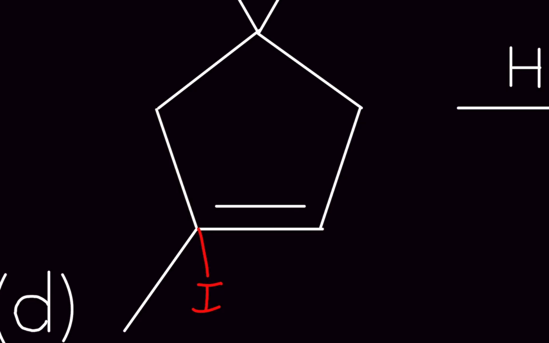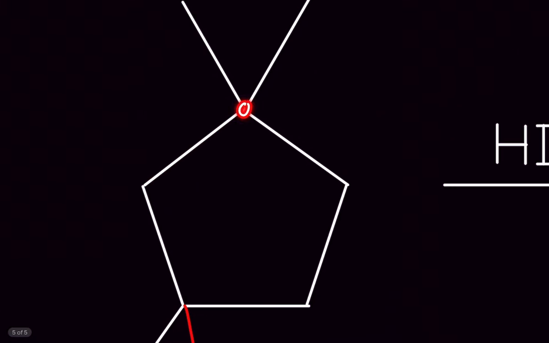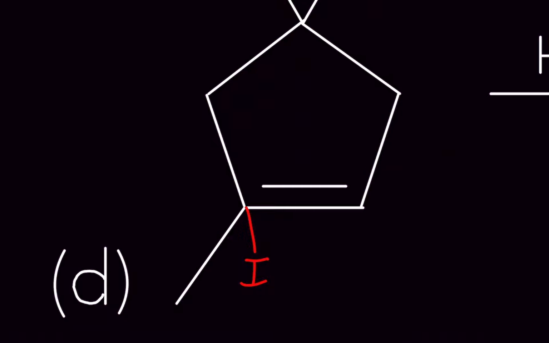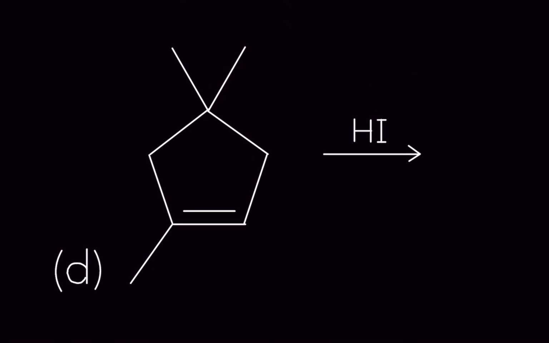They both have no branches coming off, it's just part of the ring. That's fine. We don't count this alkene there. Just pretend it's not there. So this is the same as this one. Then we go up one. This one is not the same as this one because this has 2 branches coming off of it, and this one doesn't. So they are not similar. So it's chiral. Our product will be chiral.